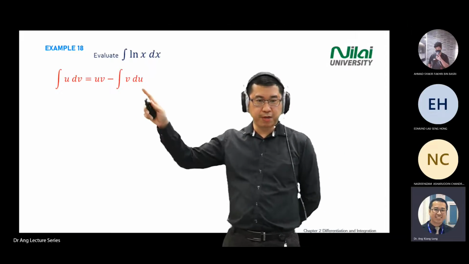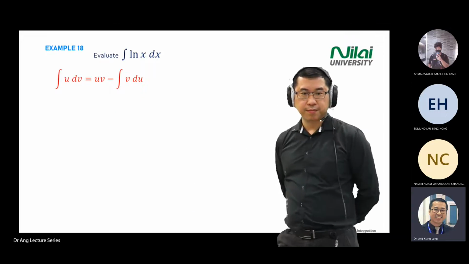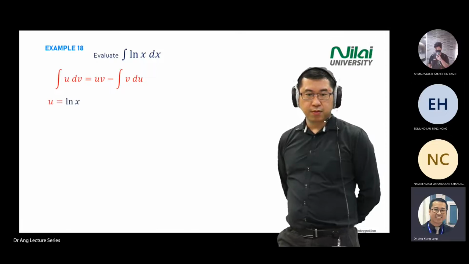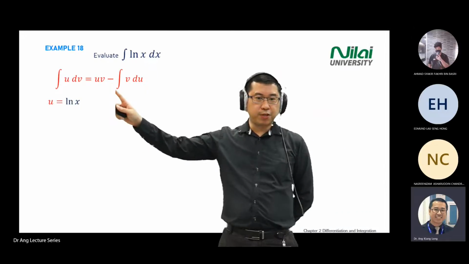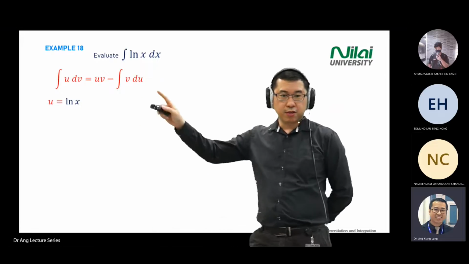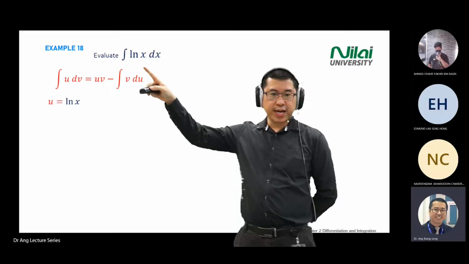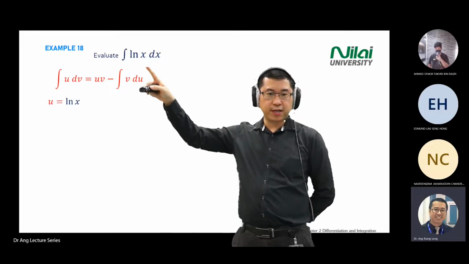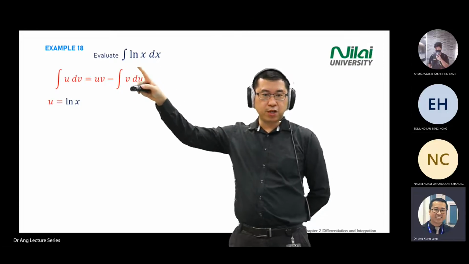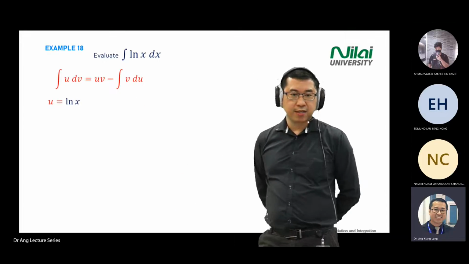Same formula, but I use the u dv equation. So if you use this equation, you compare to the question. You compare side by side, you know that your integration ln x equals u dv, right? So you know that your u is ln x, dv is dx.